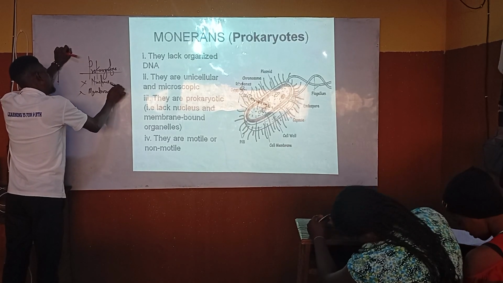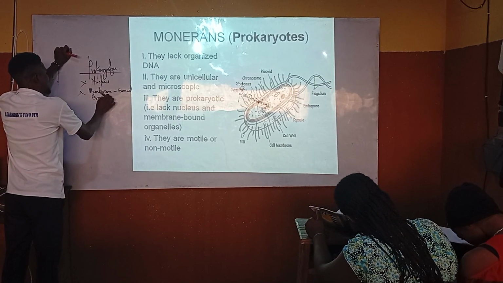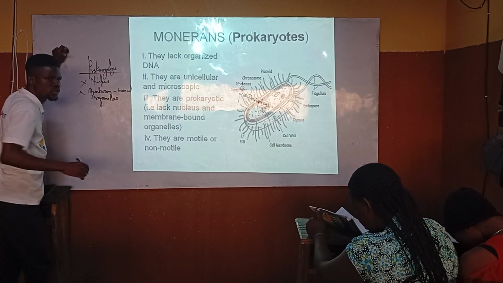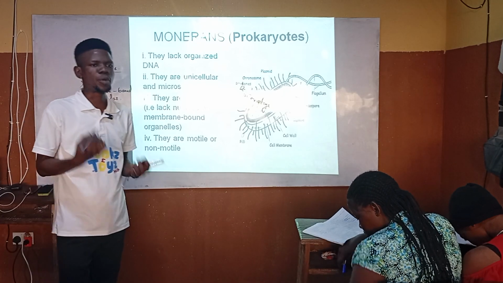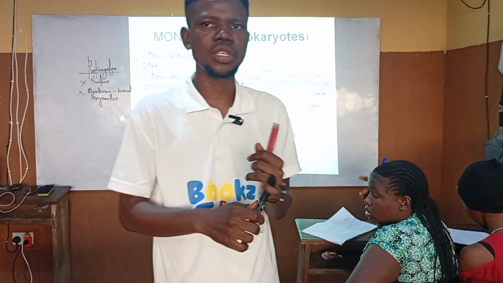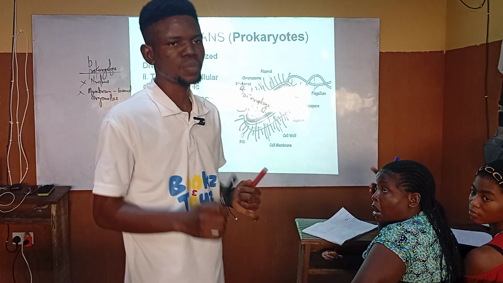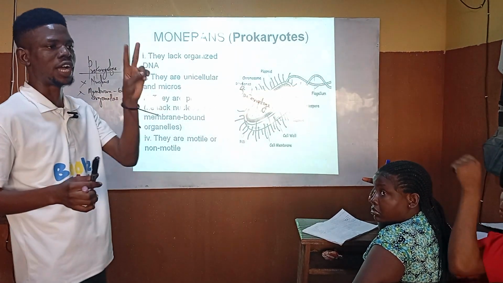The membrane bound organelles. So in case you are asked, what is a prokaryote? You tell the person, a prokaryote is a cell that does not have a true nucleus and does not have what? Membrane bound organelles.